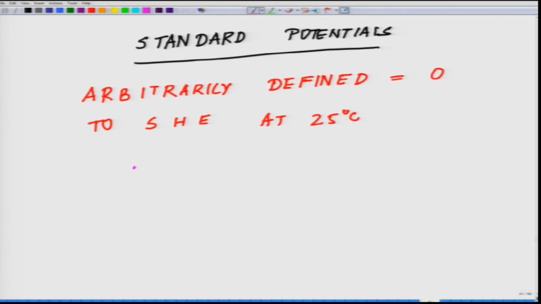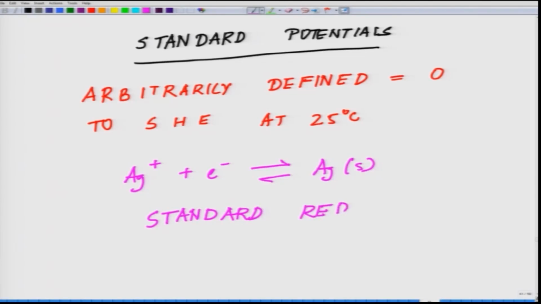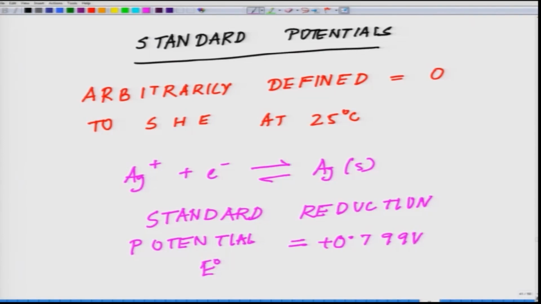Okay, so for the reaction Ag plus electron making Ag solid, the standard reduction potential is positive 0.799 volt.